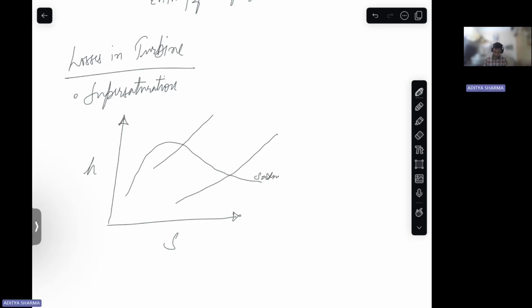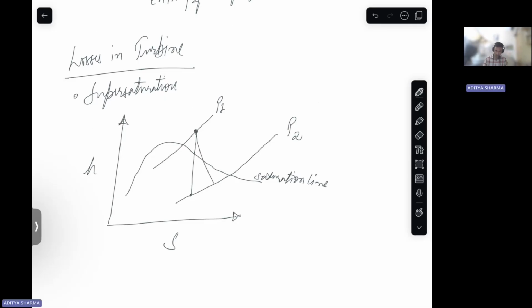So this is your saturation line. Okay, vapor saturation line. This is your some pressure P1. This is your some pressure P2. And let's say this is expanding from here to here isentropically.